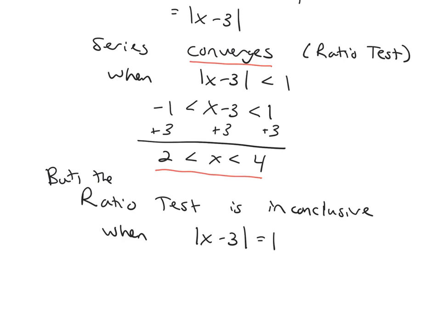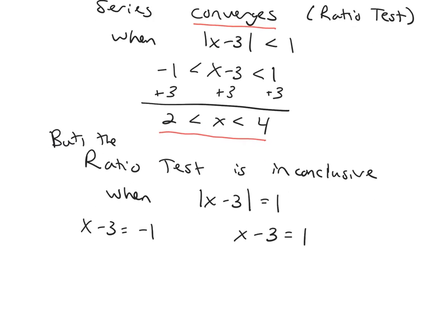When is the absolute value of x minus 3 equal to 1? What values of x make that? 4? What else? Oh, 2. And 2, right? So you set this equal to -1, and you set it equal to +1, and you solve. X equals 4, and x equals 2.